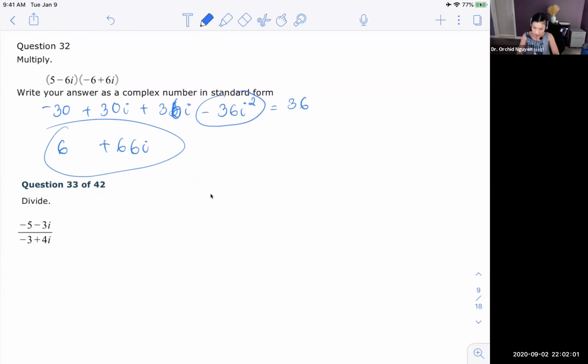Okay, for division, it's like rationalizing. We're not allowed to have i on the bottom. So I'm going to have to multiply by the conjugate. So what we have is 15. And then I'm just going to FOIL.